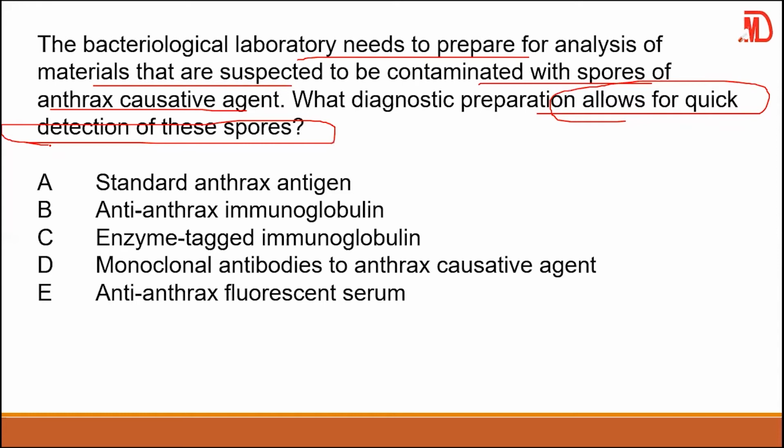If it is positive, it means there's malaria. If it's negative, it means there's no malaria. That's a very quick way to assess your patient. Sometimes it's an emergency, so you have to be very quick about things. So in this case, we are looking at a quick test, and therefore we are using the anti-anthrax fluorescent serum.